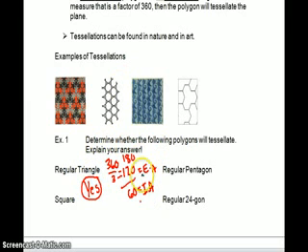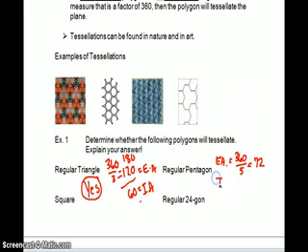In this case, explaining your answer will be showing this work. Let's look at a regular pentagon. First we'll find the exterior angle. So our exterior angle equals 360 divided by 5, which equals 72. That's our exterior.